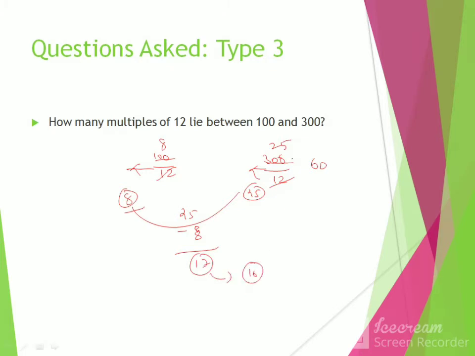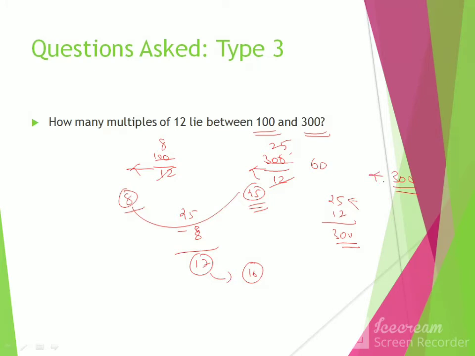Why? Because here we need the numbers which are between 100 and 300. But if you look at this one, multiply with 12, you will exactly get 300. When we are considering number 25, we are also taking the 25th multiple of 12, that is 300.